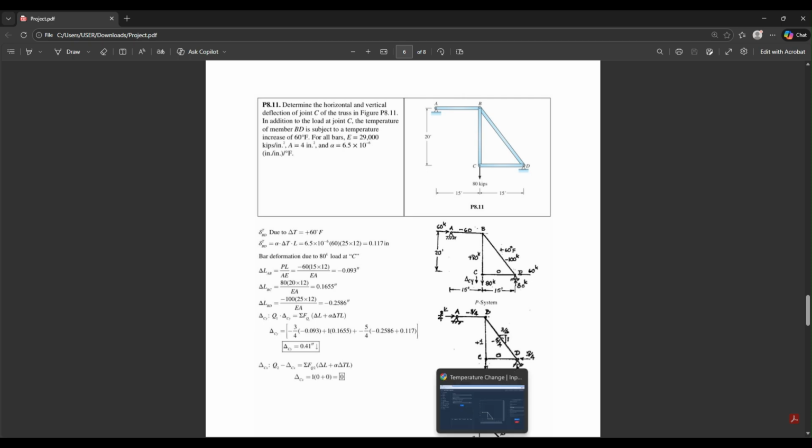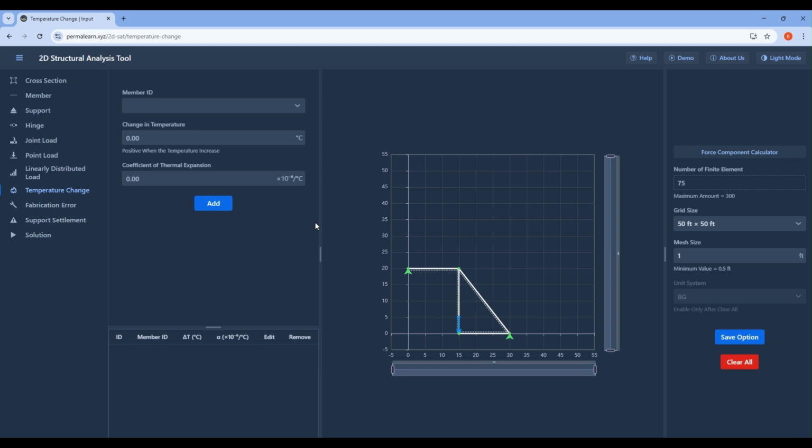So this means member BD, the inclined one, has its temperature increased by 60 Fahrenheit. Since this website sticks with Celsius, we don't need to change from Fahrenheit to Celsius. We just need to input the same amount of Fahrenheit, so it will give the same solution as the manual solution book.